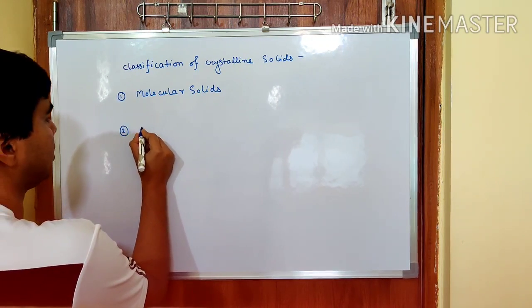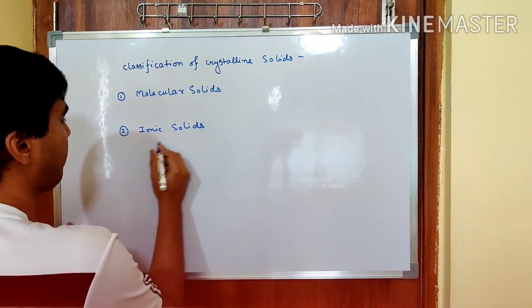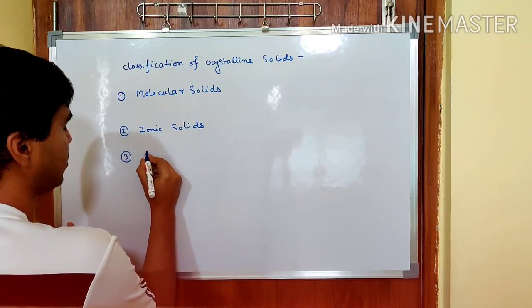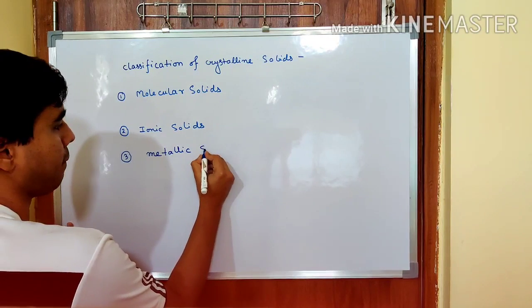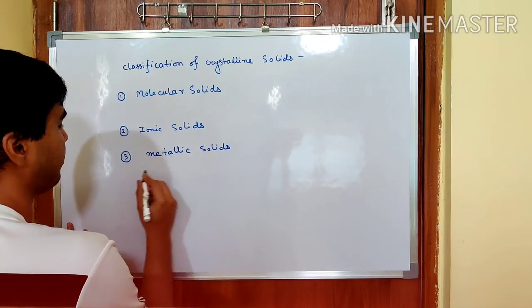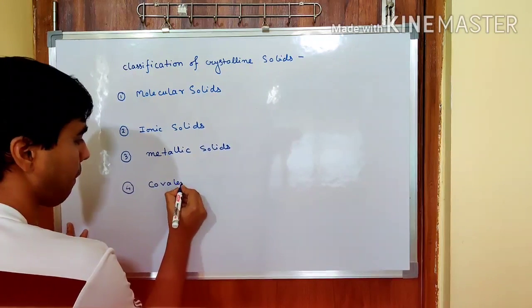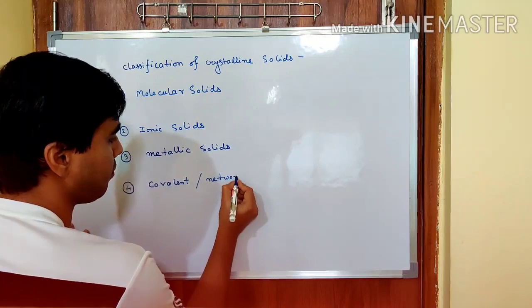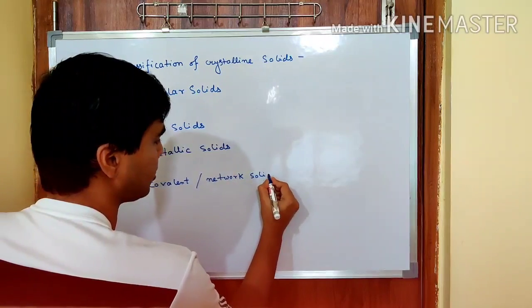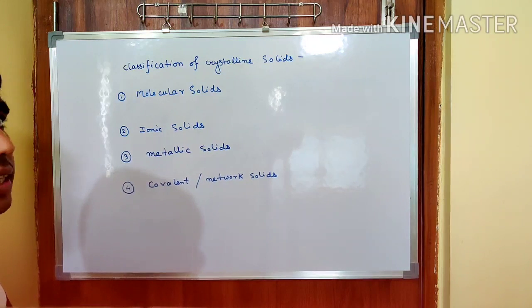Second one is ionic solids. Third one is the metallic solids. And the fourth one is covalent or network solids. So these are mainly the four types, based on the bonds that they have. Now, let us discuss one by one.